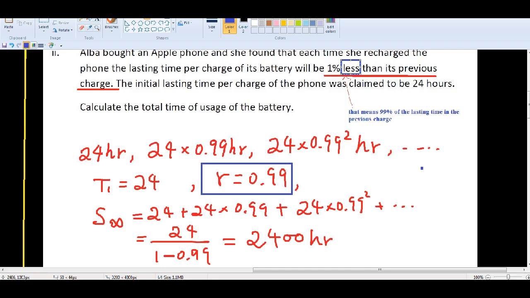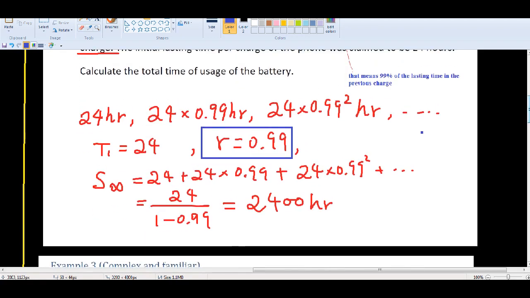So actually the sequence should look like 24, 24 times 0.99, 24 times 0.99 squared, and so on. The first term is 24, common ratio 0.99, so the sum to infinity gives you 2,400 hours. It makes sense, doesn't it?